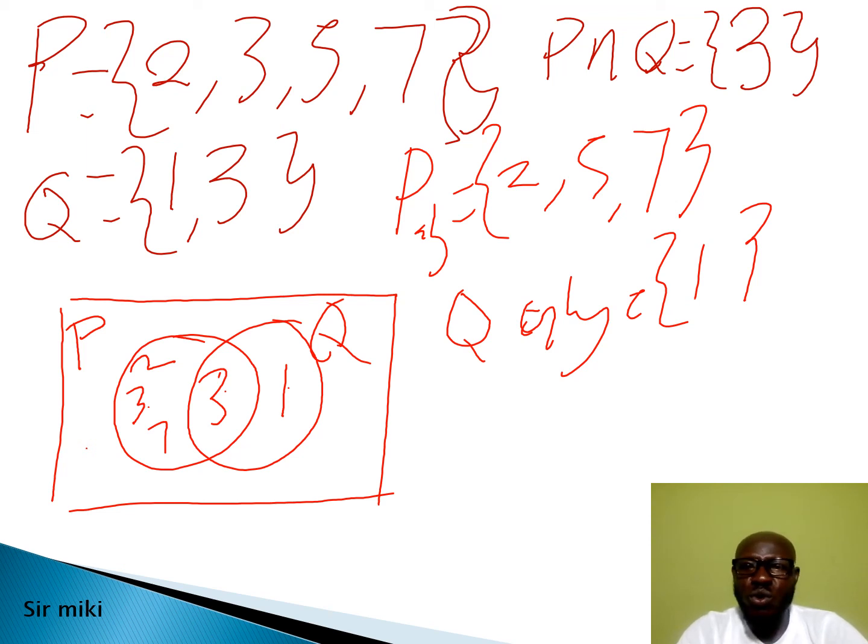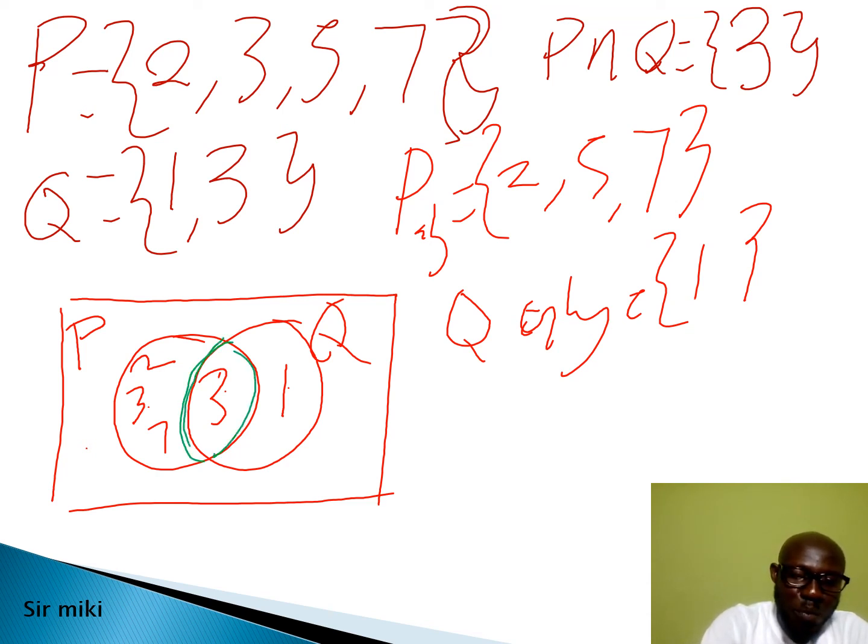Then we have to come out with the place where the two sets meet, and that is what you see over here. That is the place where the two sets meet. That is P intersection Q, in the blue and green color.